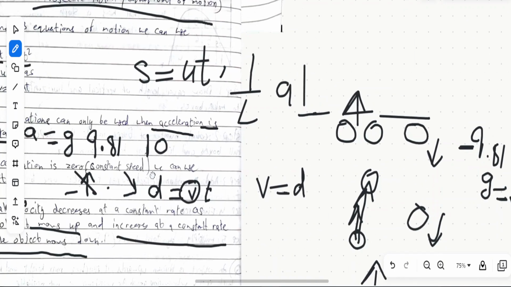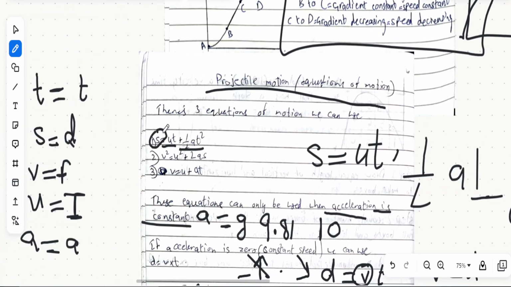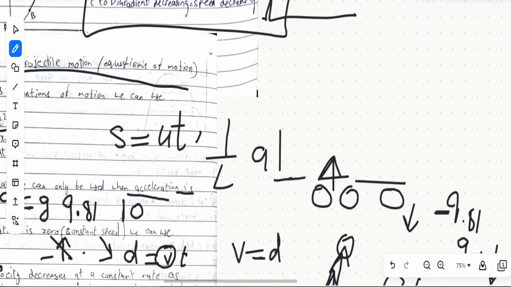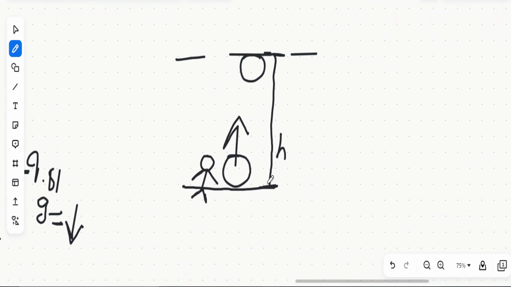And remember that in this formula, the displacement S is going to be your direction from the base to the height, if it's going up.